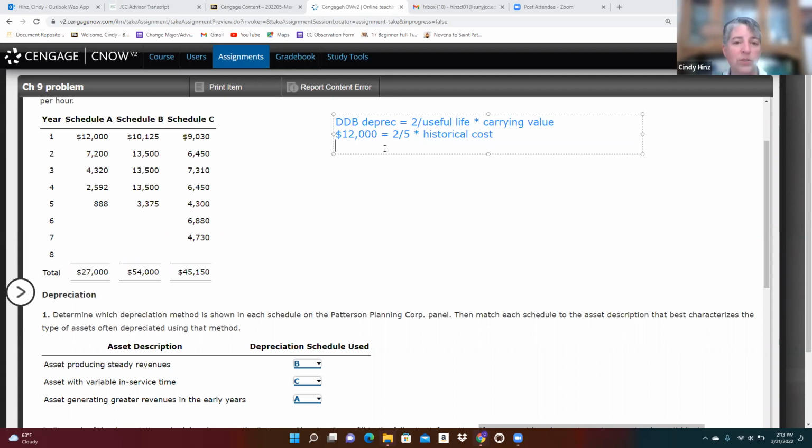And so now it's just a matter of solving for that historical cost. Since it's 2/5 times historical cost, to get historical cost by itself, I'm going to multiply each side by 5/2. So 12,000 times 5/2 equals the historical cost. Go ahead and solve for that.